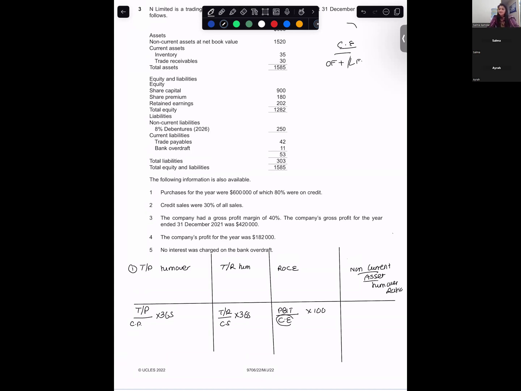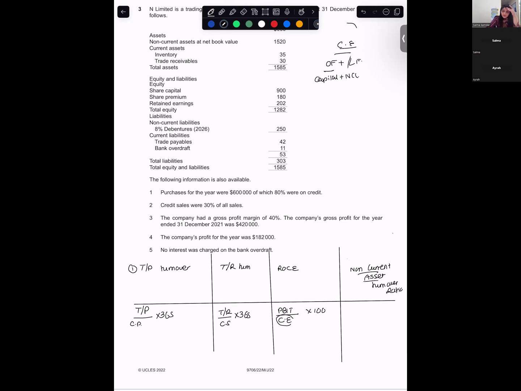What does loan funds mean? Plus non-current liabilities.